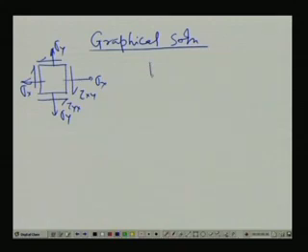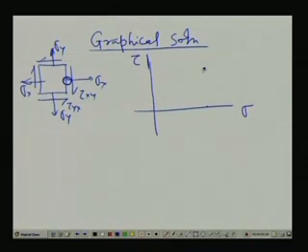Here you plot a sigma axis and tau axis. First you plot the values for this one. What is this one? Sigma x positive and tau xy positive, because it is creating this clockwise. So, this is the positive.